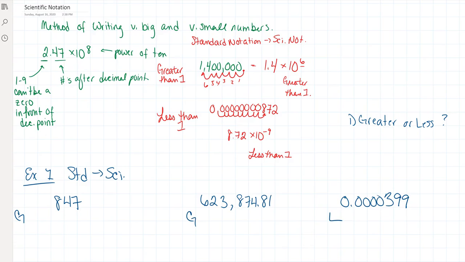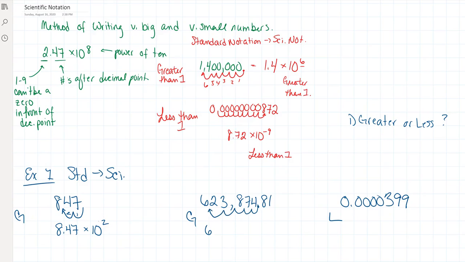So what I do is I move my decimal point over, and this becomes 8.47. And I moved my decimal point 2 times. Since my number is greater than 1, this is a positive exponent, so I leave it as it is. We'll do the same thing here. When I take a look at my number, I move my decimal point so there's only one non-zero digit over.